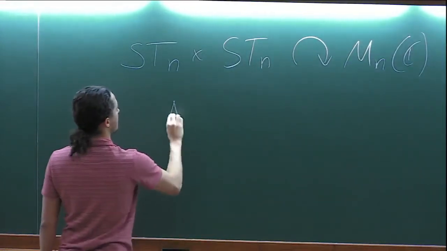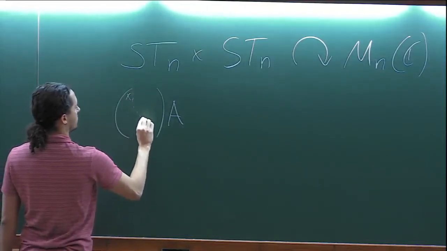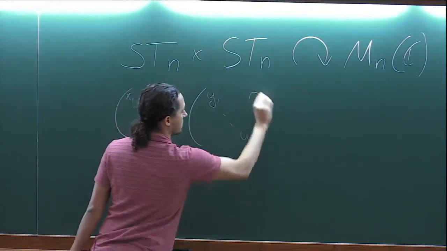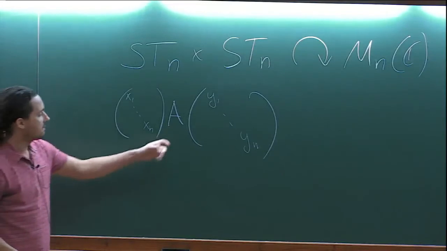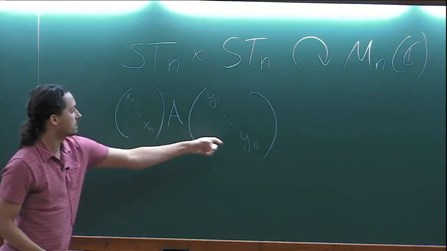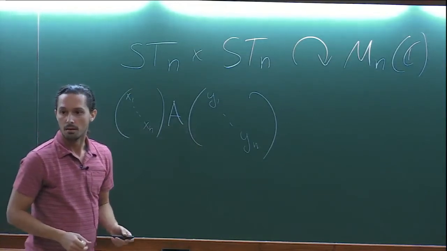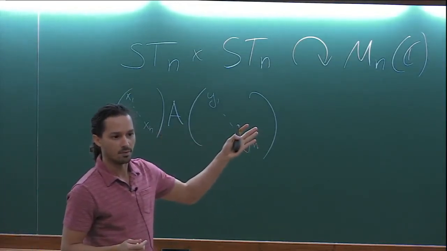I take my matrix A, multiply on the left by x1 up to xn, and on the right by y1 up to yn. And what is the null cone problem? Given A, is there a sequence of group elements that drives the matrix to 0? But now, we're not doing this. We're doing this doubly stochastic example.